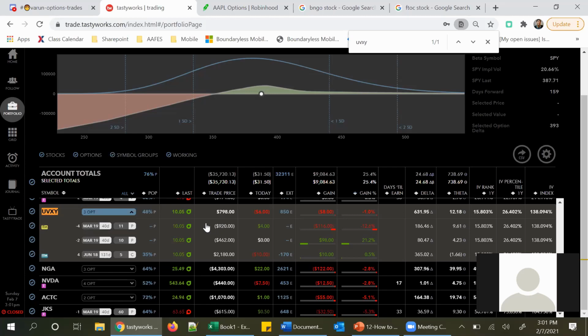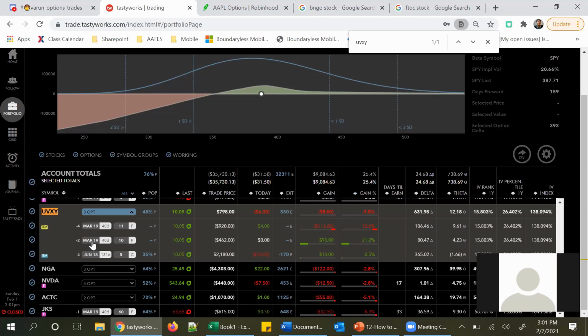So the way UVXY works is UVXY is a volatility ETF, just like VIX. And when the market goes down, your volatility goes up. What I have observed is UVXY does not go below 10. Every time it goes near 10, it shoots up. At least there has to be some volatility in the market to have buyers and sellers, right?